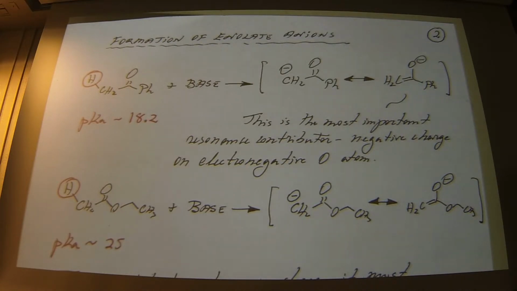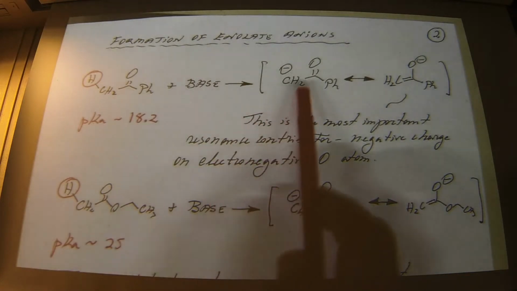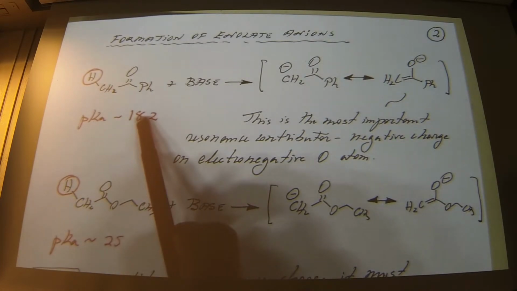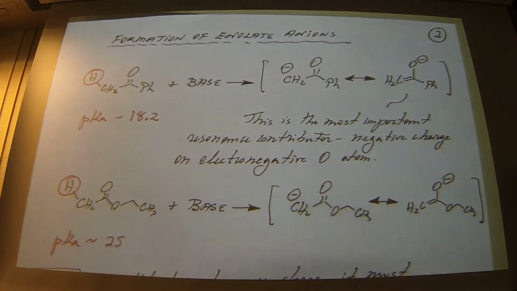And so what that tells you is that if I want to form the enolate, I've got to treat it with a really, really strong base. Yeah, I've got to treat it with a strong base to pull off that proton because the pKa is really high. But that base has to have another property, and this is something to keep in mind.